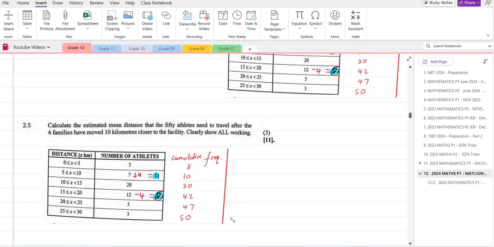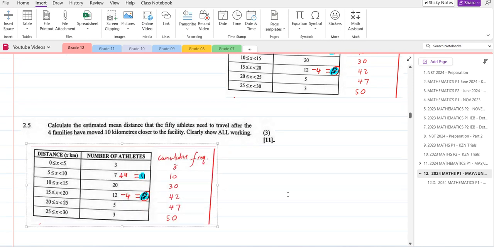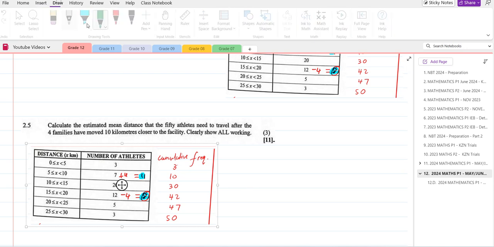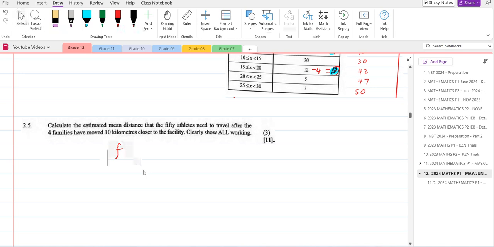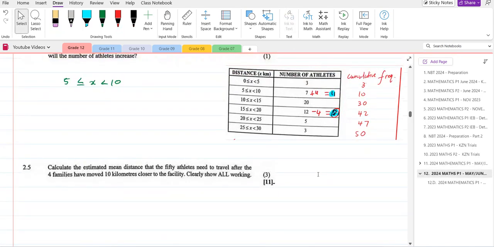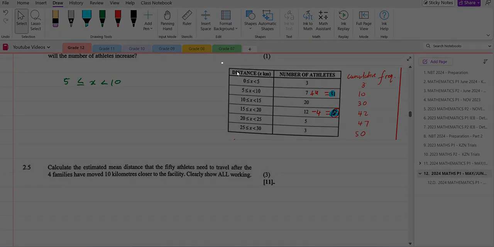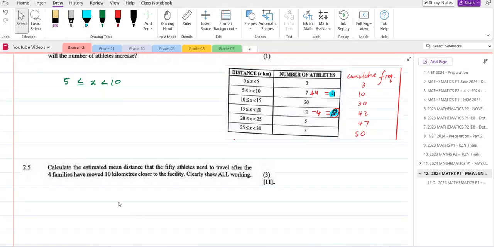Now to calculate the estimated mean, remember we also need the midpoints. All we need to work with is midpoints and frequency. So this is your frequencies, right? And now what we need is a midpoint. We don't need cumulative frequency now, so let me take that out. We just need midpoints and frequencies. So we're going to be working with the same table.